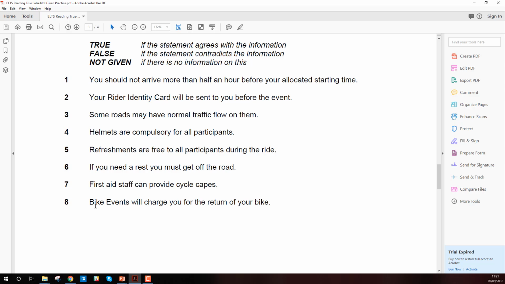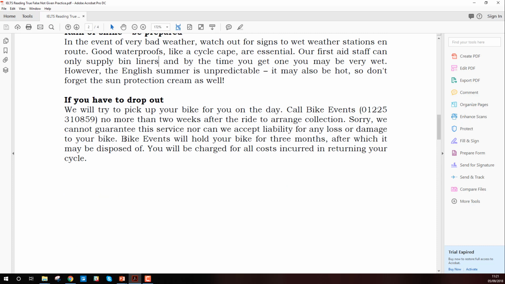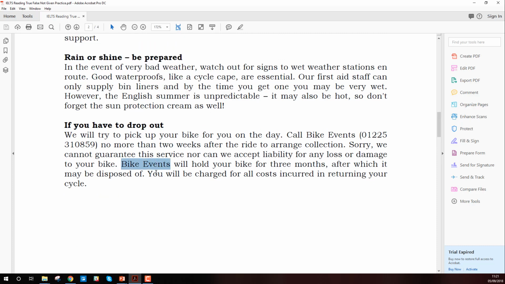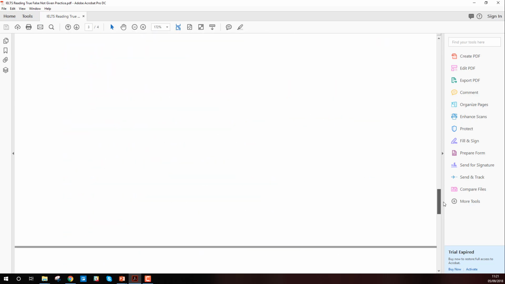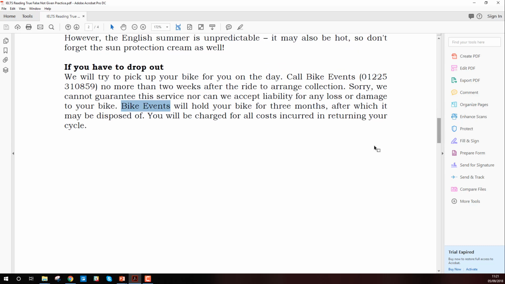False. Bike events will charge you for the return of your bike. Okay, so we find that. Find the location. Let's look again. Bike events will hold your bike for 3 months, after which it may be disposed of.